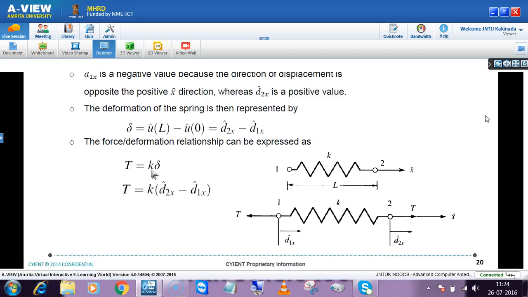So we calculate the delta as d2x minus d1x. Then for the force-deformation relationship, the force in the spring is nothing but K into delta, where delta is the total deformation. So that is written as T equals K into d2x minus d1x.